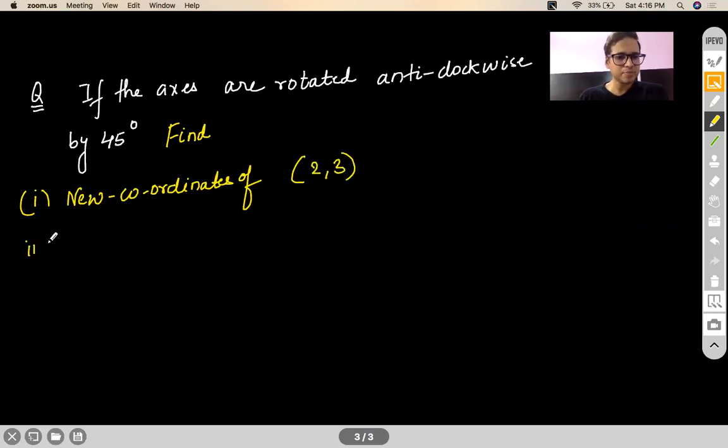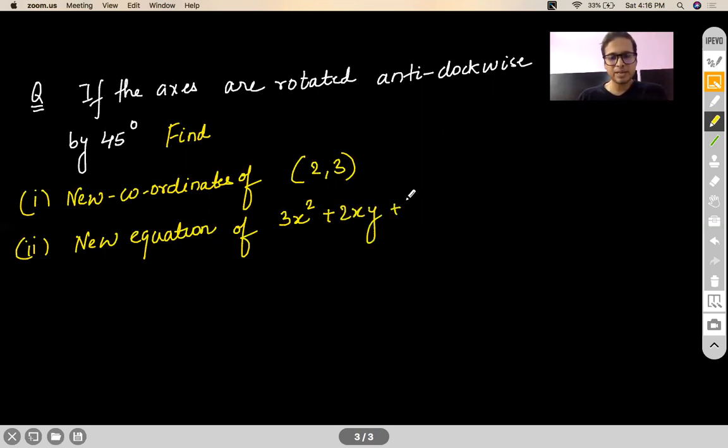Number two, the new equation of 3x square plus 2xy plus 3y square equal to 10. Try this, all of you. Put your response on the chat box with the proper question number.